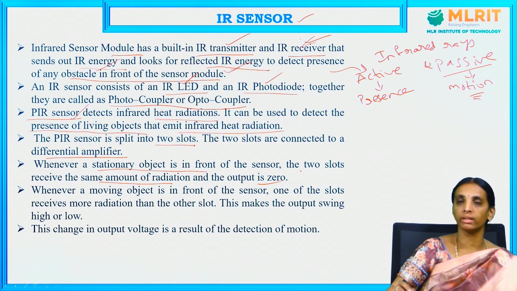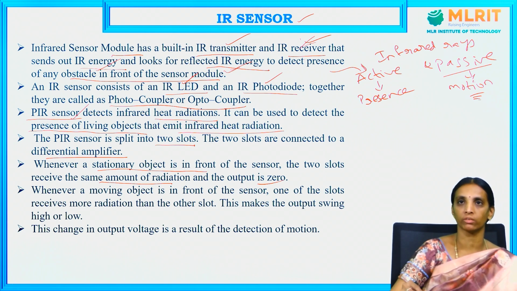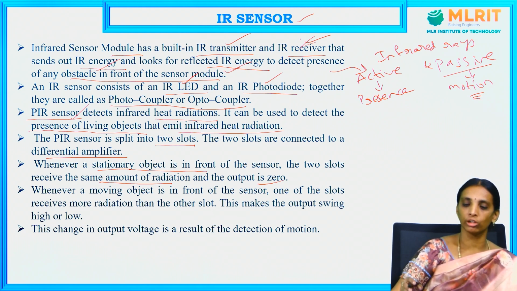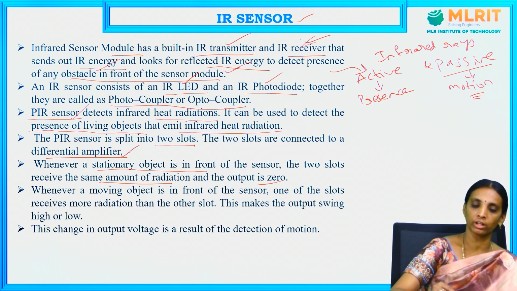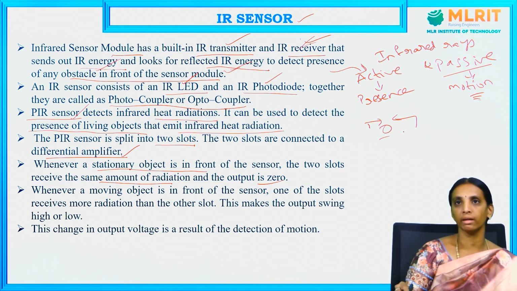When there is no moving object, the two parts of the stationary object give the same amount of radiation at the inputs of the PIR sensor, so the difference between the two inputs is 0 and it cannot detect any motion.